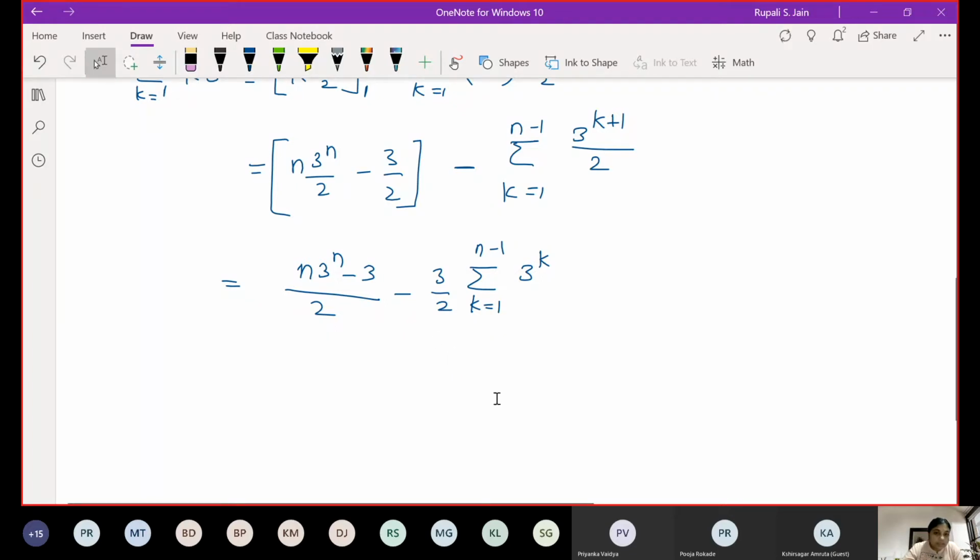Now I want to find this sum. How to find that? From equation 2.2. What is that? Summation 3 raised to k, raised to n minus 1, plus c.